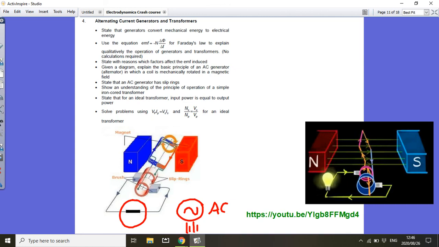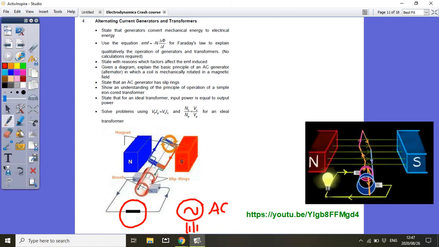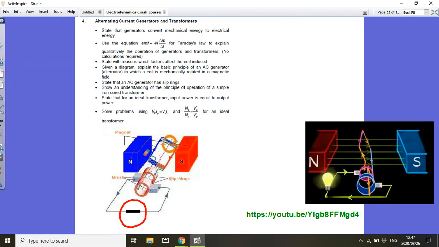So if you look at the blue wire only, the blue wire here is moving up, so the current is flowing upwards in that direction. If it moves downwards here, the current is going to be going downwards in this direction. So you are actually going to create an alternating current because while it's moving up, current flows from positive to negative. While it's moving down, current goes from negative to positive.